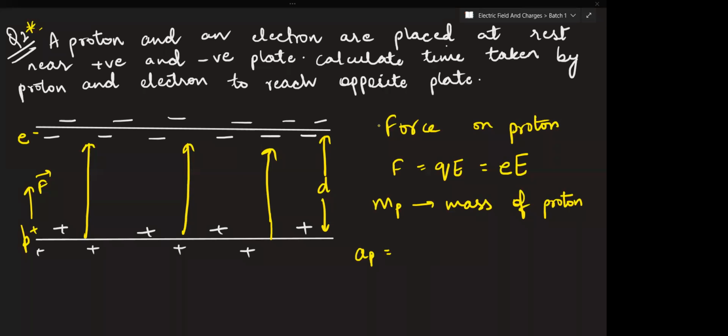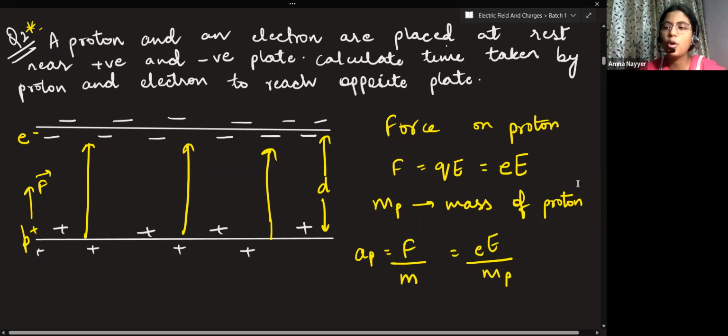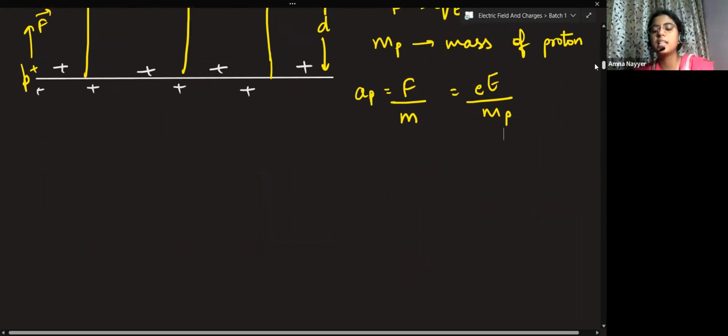Force is equal to ma, so acceleration will be F by m. Now see, force is small e multiplied by capital E. And the mass of proton we have taken as small mp. So we have the acceleration now.